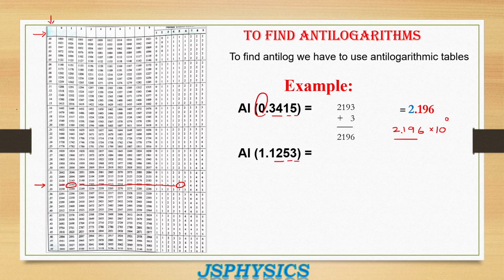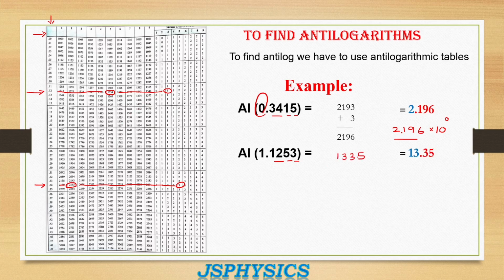So in the row of 0.12, this row, under the column of 5, we have this number 1334, and then we have to find in the same row under the mean difference of 3. So the number is 1. So now we have 1334 and mean difference of 1. So on adding these two numbers, we'll get 1335.